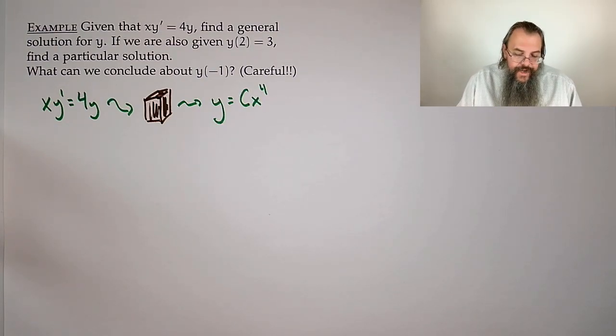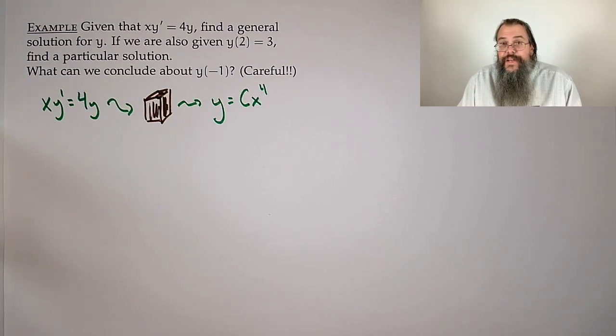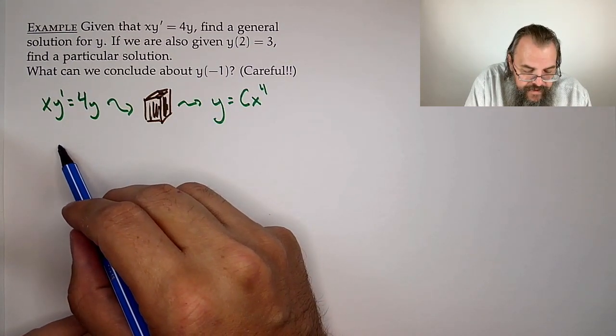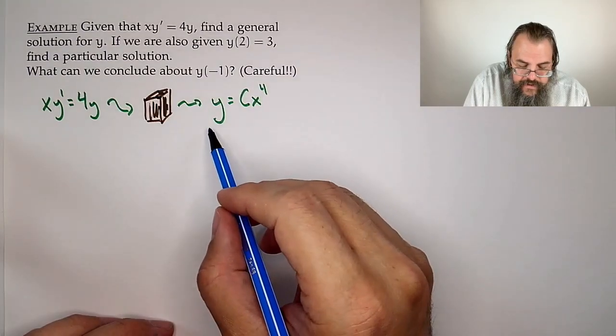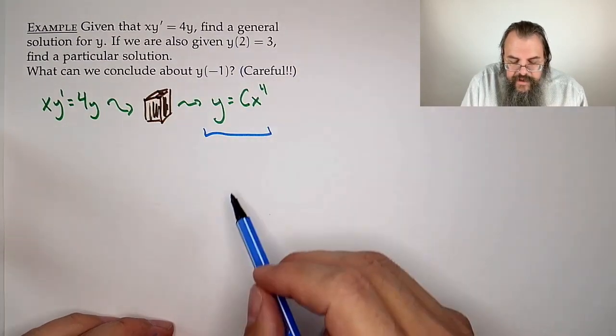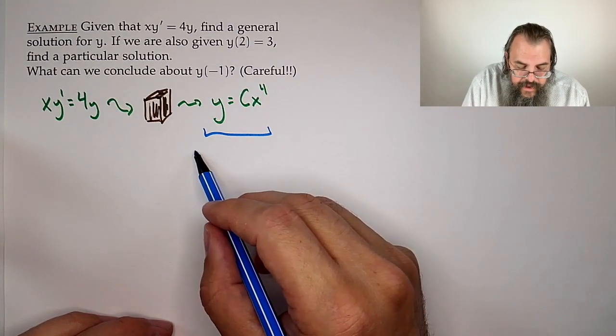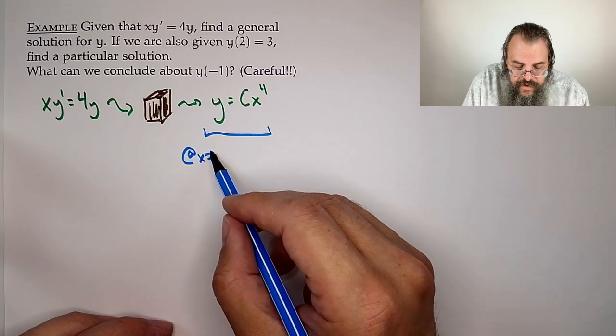All right, great. Well, let's take a look. So y of 2 equals 3. So we're going to take our nice general solution and plug in x equals 2.